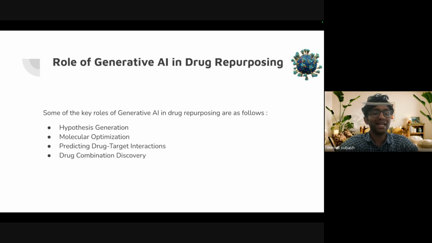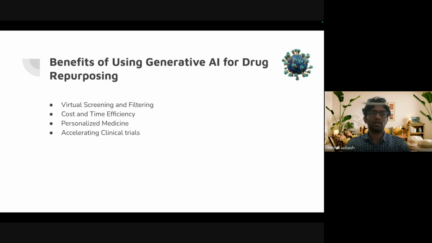So AI can actually facilitate in accurately giving the chemist or the lab assistant the right amount of the chemical composition that needs to be utilized in order to treat certain diseases, particularly common diseases like cancer and neurodegenerative diseases like Alzheimer's, etc. So yeah, this is the role of generative AI in drug repurposing.